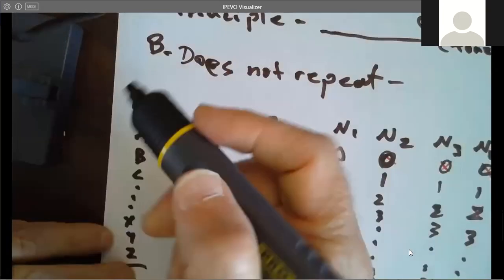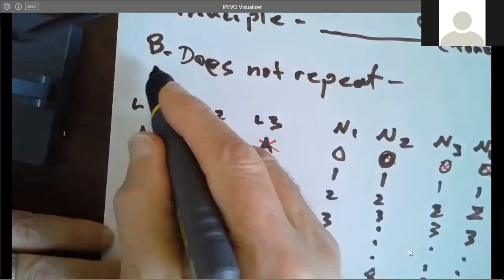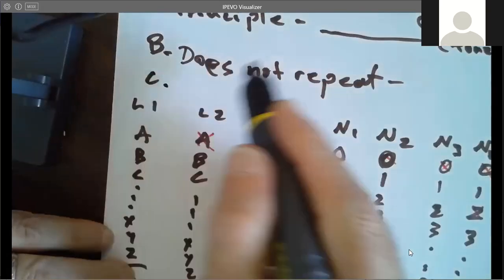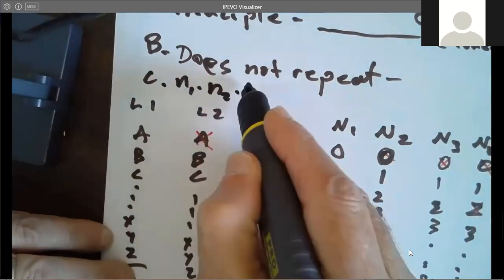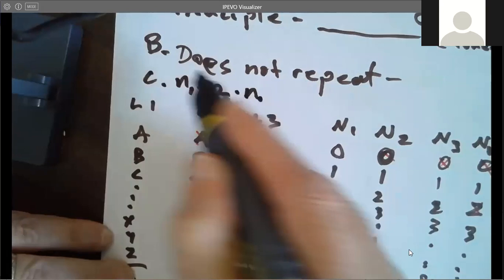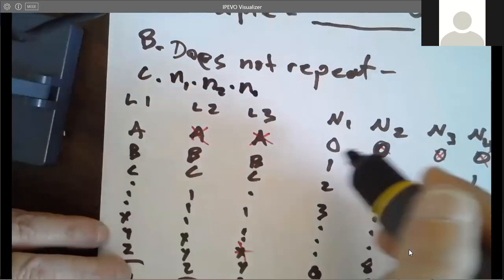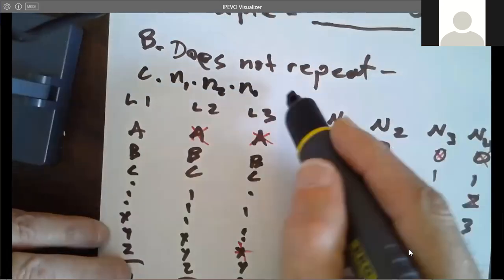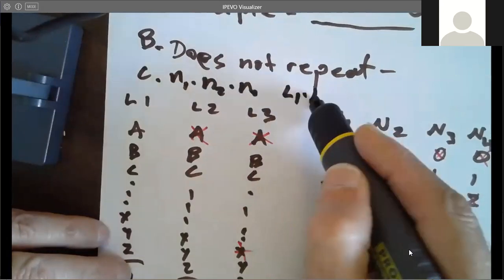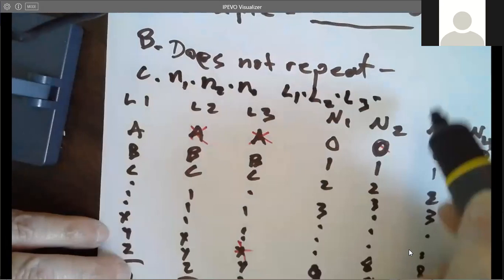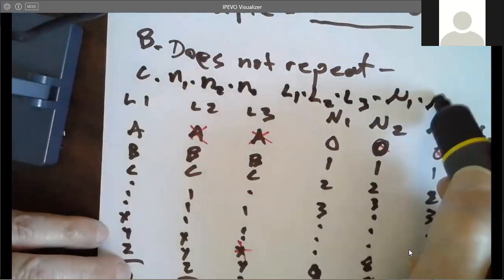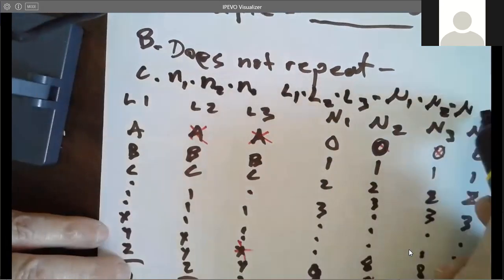So back in the introduction, you could specify the fundamental counting principle as having n1 times n2 times n3. In this case, with our example, since we have 3 letters, we're going to multiply letter 1 times letter 2 times letter 3, and then number 1 times number 2 times number 3.